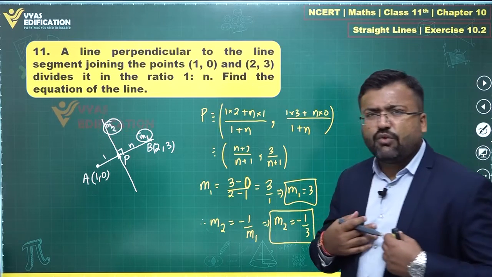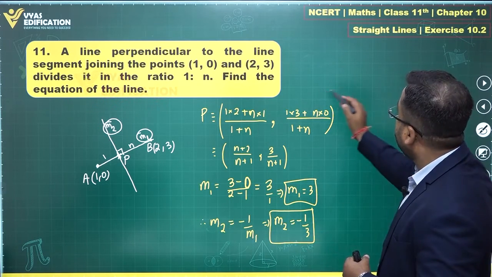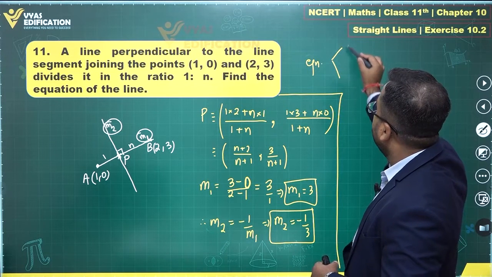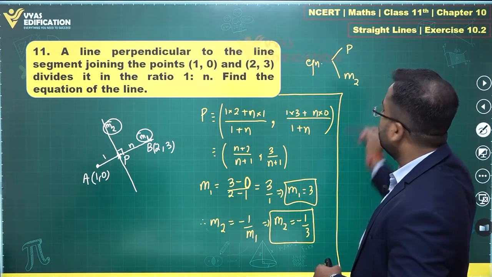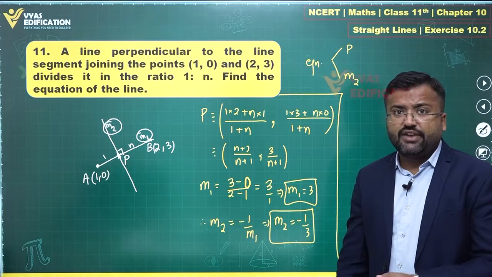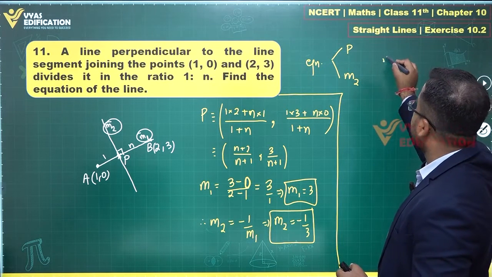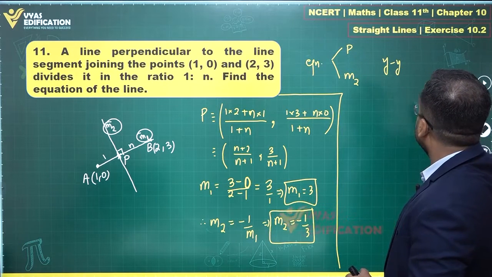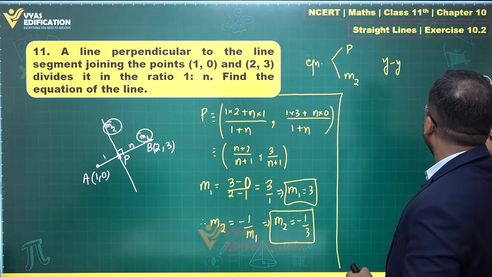Now for our required line, what do we have? For finding the equation of that line, we needed two conditions: point P and slope m2. We have the point and we have the slope. We can easily write the equation using point and slope.